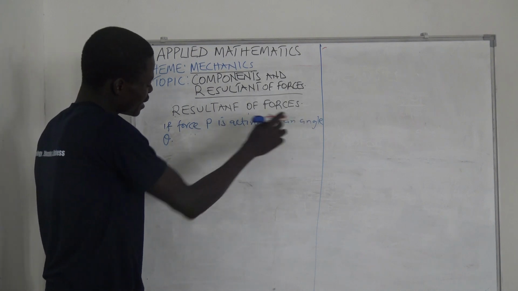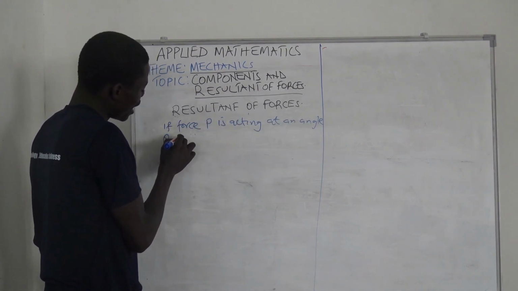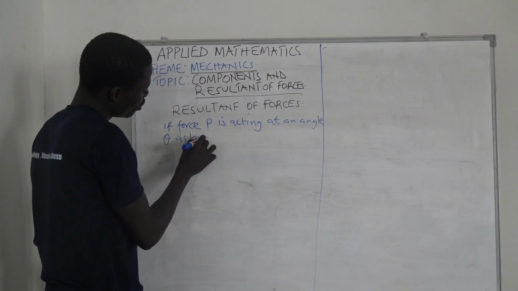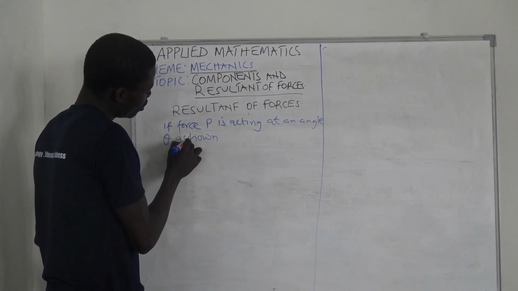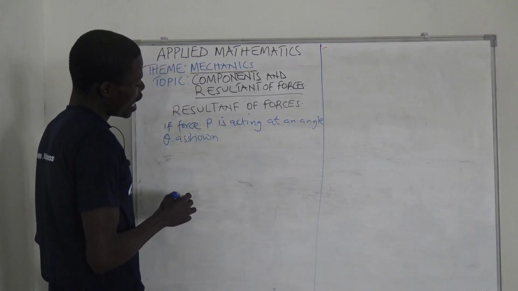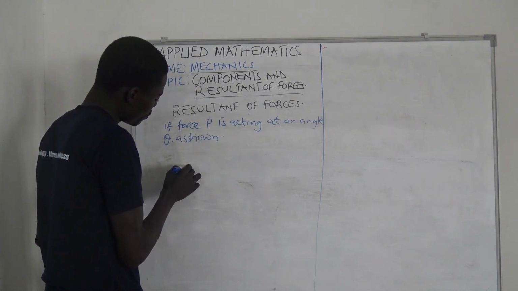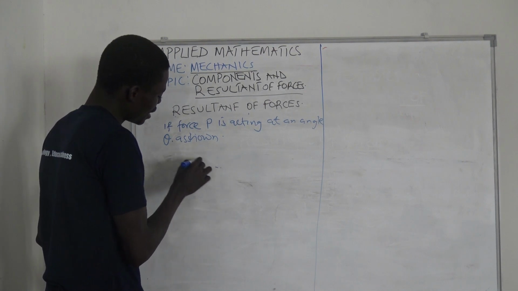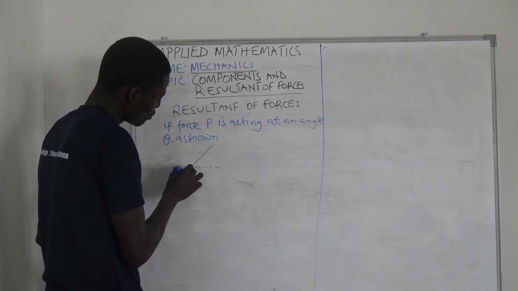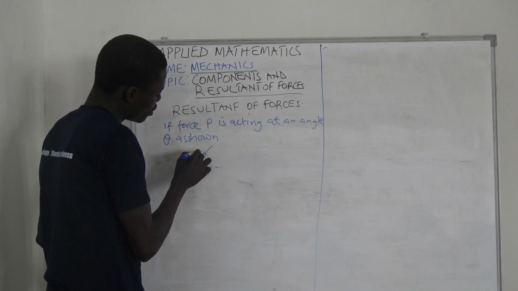The force P is acting at an angle star as shown. How do you calculate that force? So this is our force P. This is the point where it is acting. It's acting at an angle star. This is our force P at this angle star.